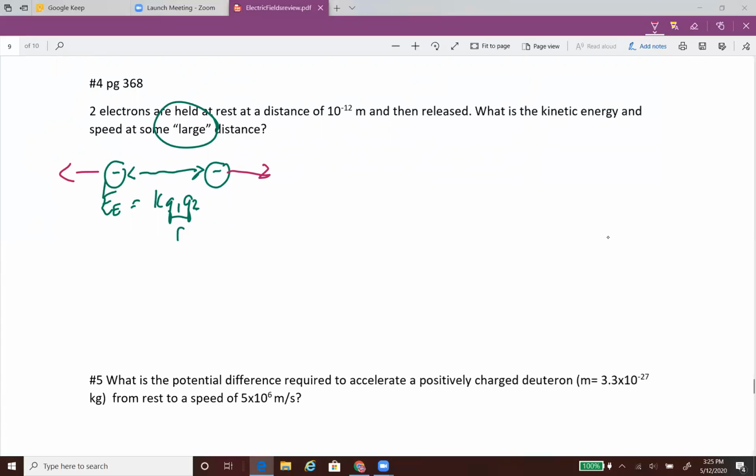Okay, so then what we could do is figure out what the potential energy is for these 2 electrons when they're at rest. That's easy. So we can just say K is 9 times 10 to the 9 times Q1 times Q2. So obviously the charge is the same, over that distance.